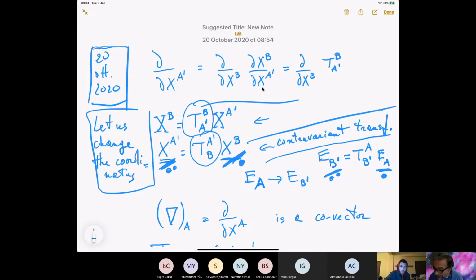And in fact, you remark that the index with the prime is at the top, not at the bottom. So in our notation, this is representing the inverse matrix. Okay? If you remember, we made these calculations.